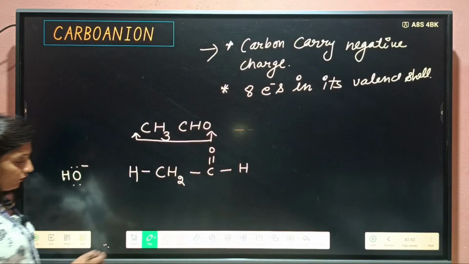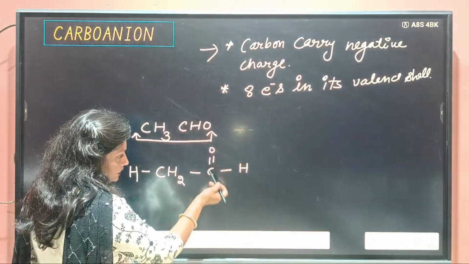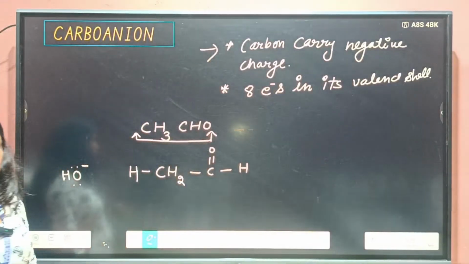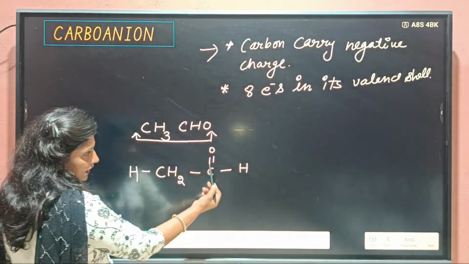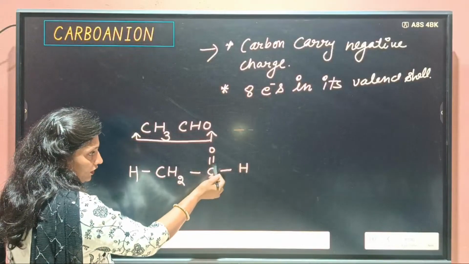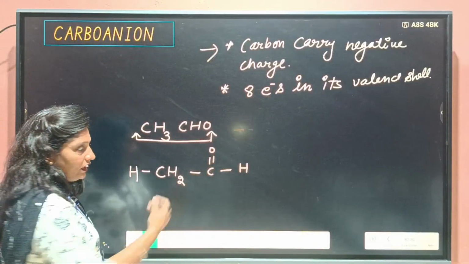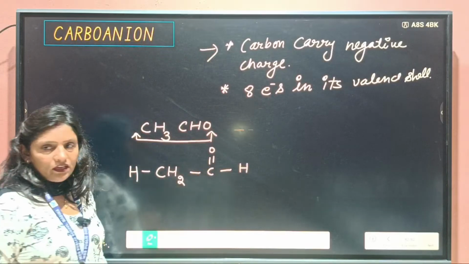But why will it donate? You can see here this oxygen is more electronegative as compared to this carbon, so it will try to take electrons from this carbon. The negative charge is attained on this one and positive on this one.